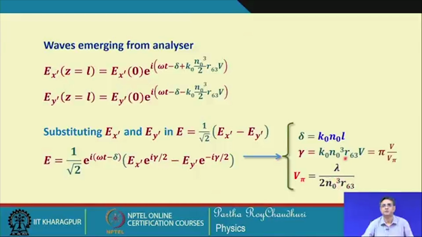So, if you just substitute in place of these quantities for this crystal with r63 as the coefficient, I can write this V pi equal to this, which will give me this gamma, the phase in terms of V. So, this pi, V pi, they are all fixed quantities. So, the phase gamma is proportional to V. Therefore, I can write this equation in this term.